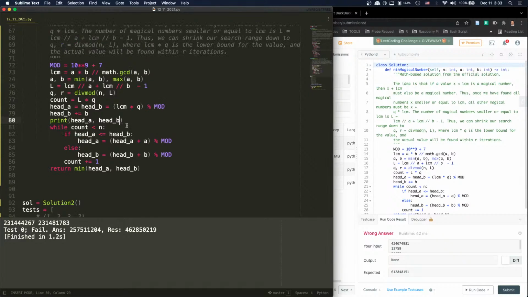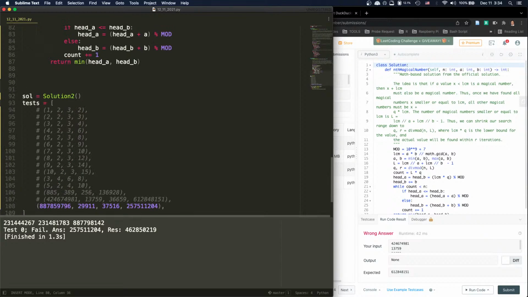They're small, right? They're close, but they're small. And what is the count? Count is this. Oh.